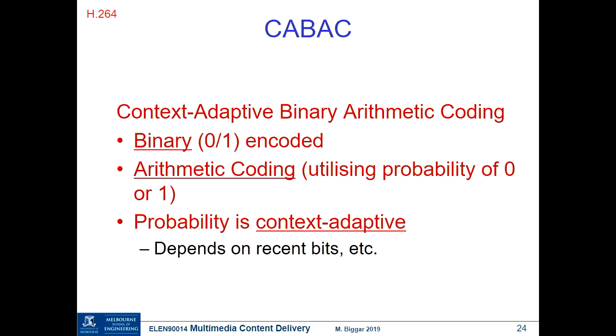Binary means that we're encoding just 0 and 1 words, so we're not using a wider alphabet. And it's context adaptive in the sense that as each bit is communicated, all the probabilities are adapted, so it can learn, in other words.